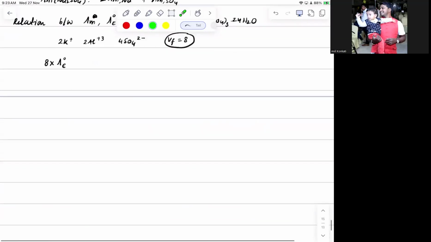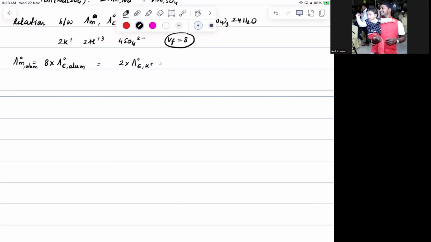So valency factor times lambda m naught of the alum will be equal to 2 times lambda e naught of K plus, plus 2 into 3 times lambda e naught of Al 3 plus.